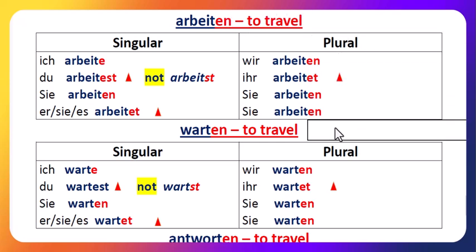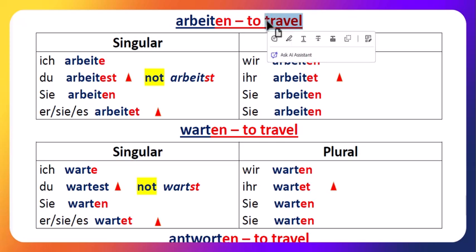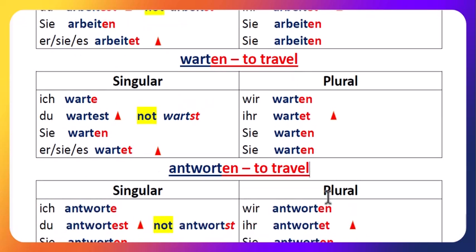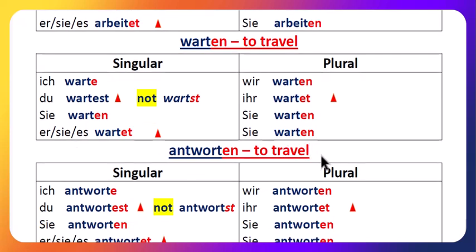Arbeiten, to work. Warten just says to wait. Antworten just says to answer, maybe I will answer a question. Sorry, I copied and pasted into the notes, so I'll do the changes there. I'll put it in the notes.